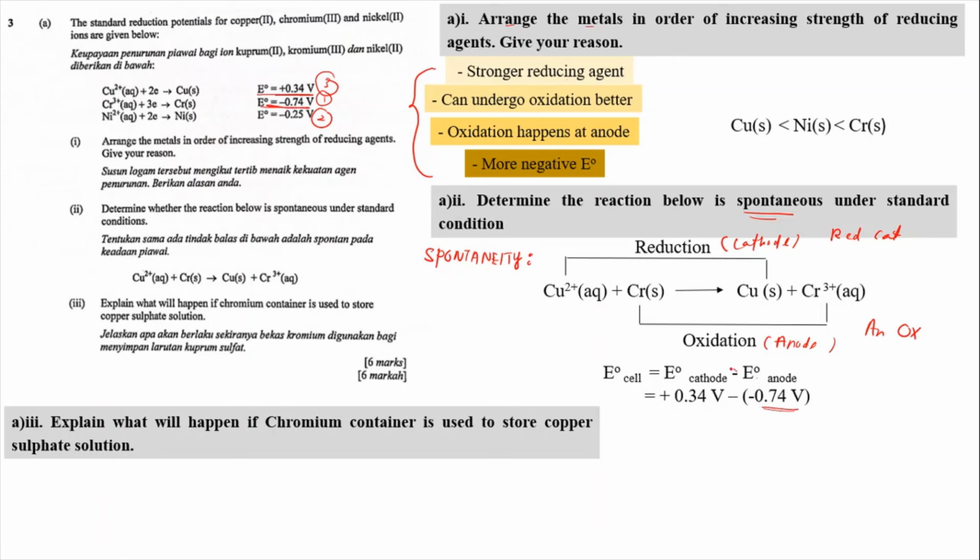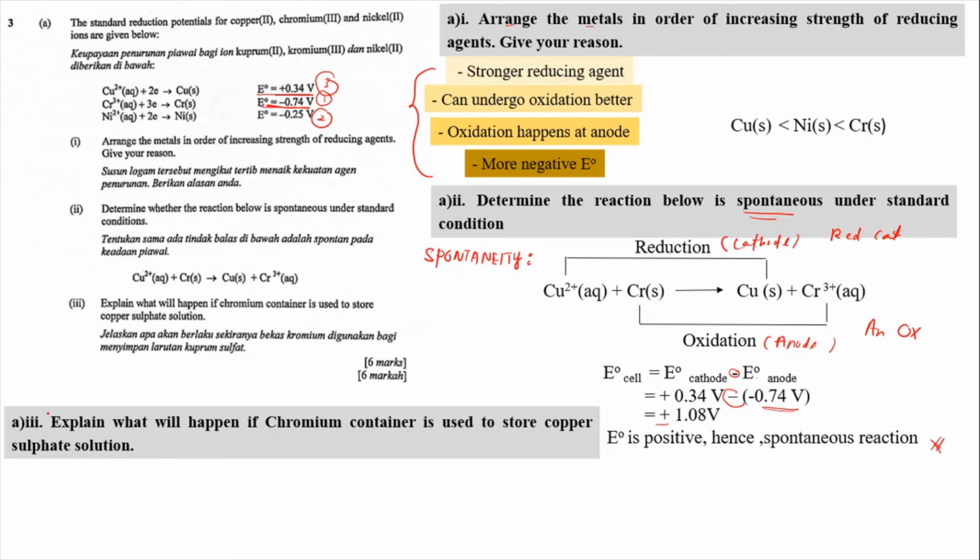Negative and negative, so ensure that you don't miss out any negative. Once you do the math, you will get positive 0.184. Since your E naught cell is positive, you can say that it is a spontaneous reaction.